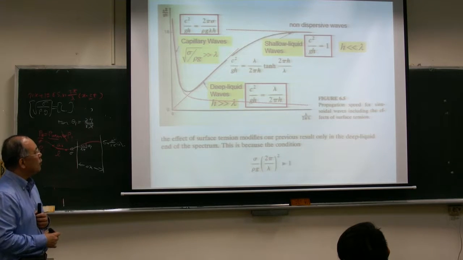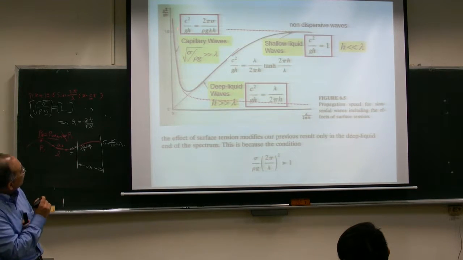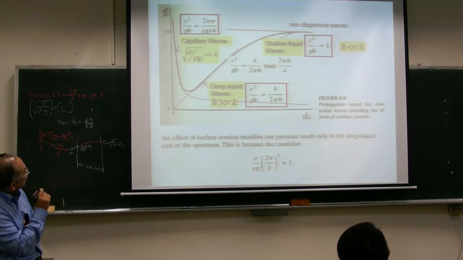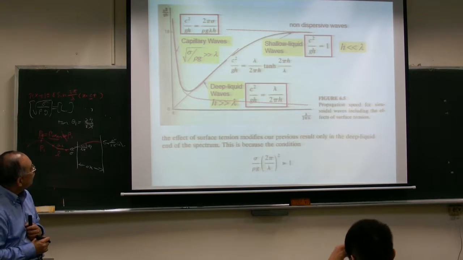For all cases, this part we can use for the capillary wave, satisfying the capillary wave assumption here, this part satisfies the deep liquid wave, and this part is the shallow liquid wave.